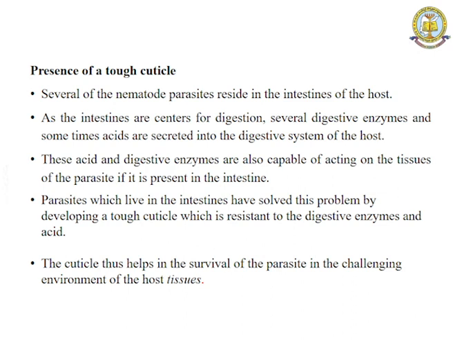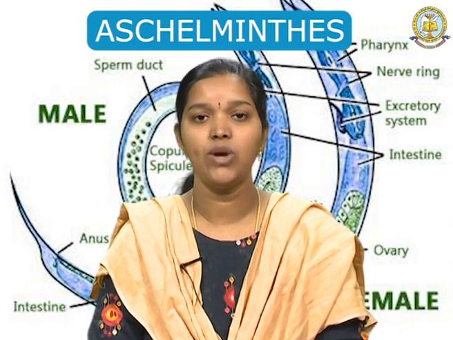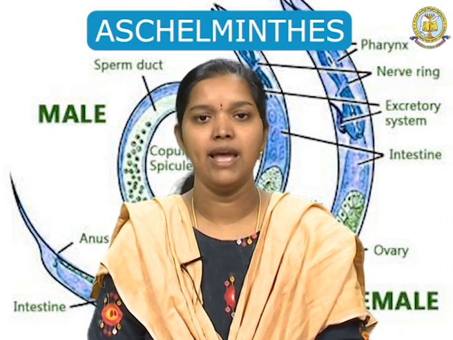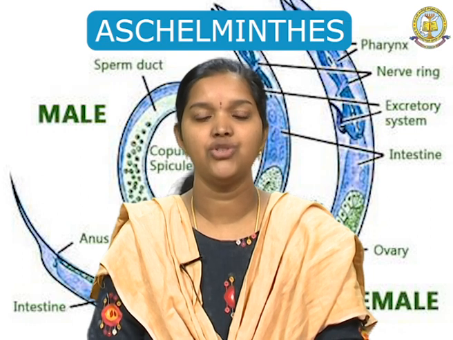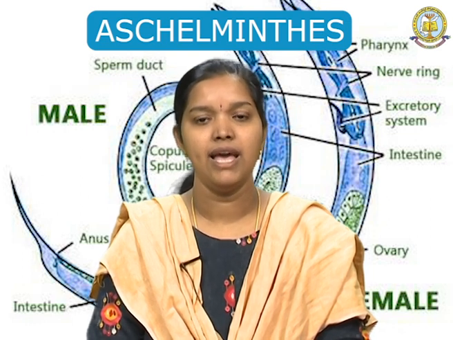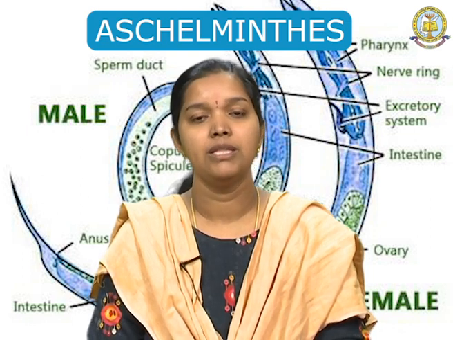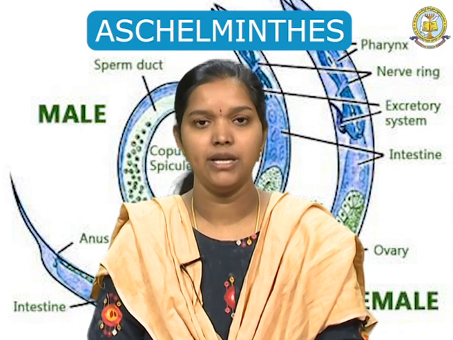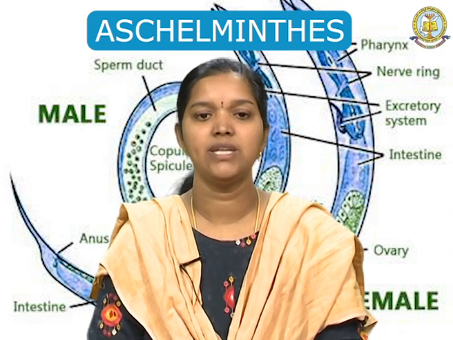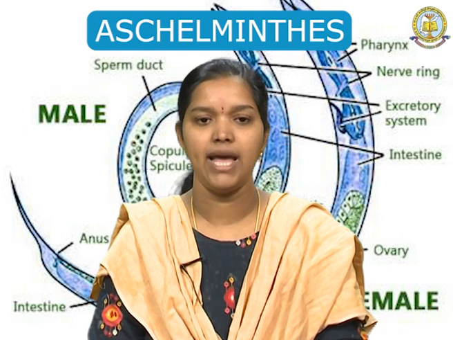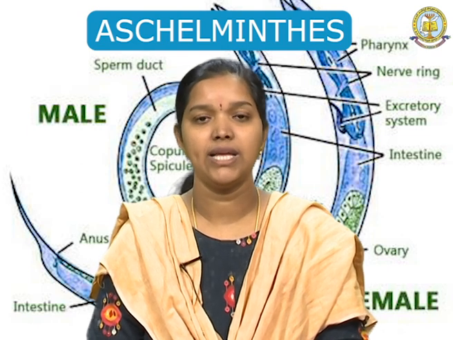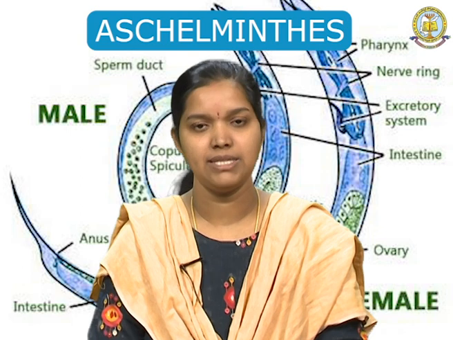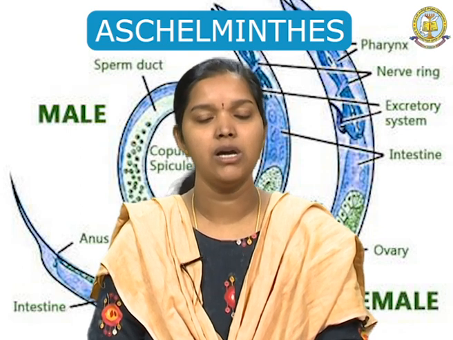As these acids and digestive enzymes are capable of acting on the tissue of the parasite, the parasites have to escape this digestion. Hence, to solve this problem, these parasites adopted a tough cuticle to resist these digestive enzymes and acids. So, this cuticle helps in the survival of the parasite inside the intestine of the host.